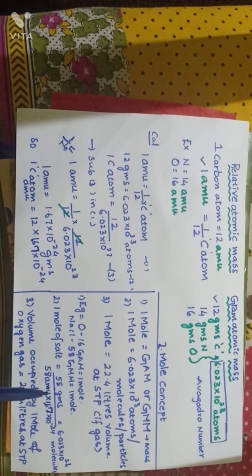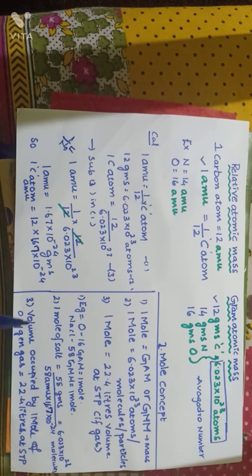So to convert atomic mass units to grams, we multiply by 1.67 into 10 power minus 24, which will again give our Avogadro number 6.023 into 10 power 23. That is the reason I said if we take carbon atoms, we get 6.023 into 10 power 23 atoms. Same way, if you take molecules or particles, 6.023 into 10 power 23 molecules.